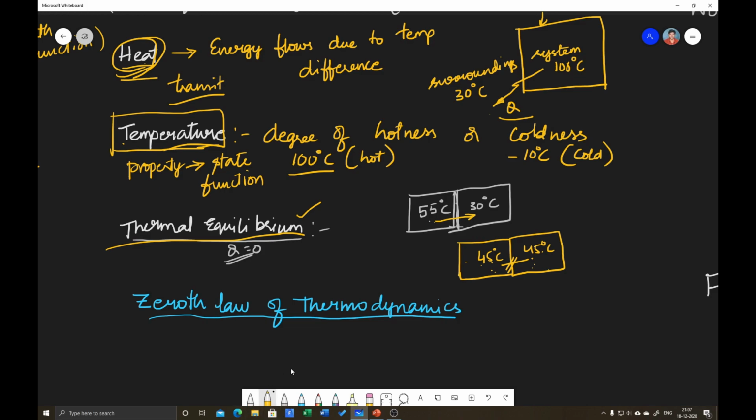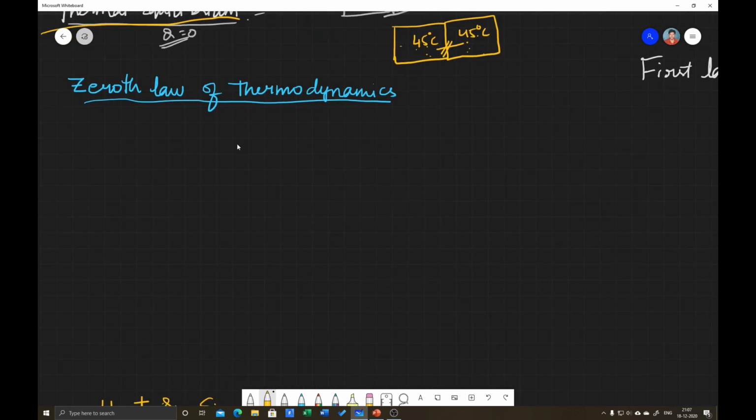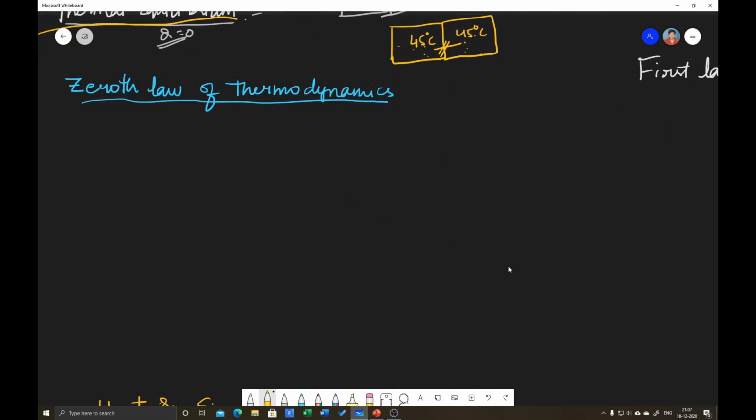Based on these, we will define what the zeroth law of thermodynamics is. Why did this name come like this? Initially, after some studies, they discovered the first law of thermodynamics and the second law. Later they came to know that there is one more law of thermodynamics which is very basic.